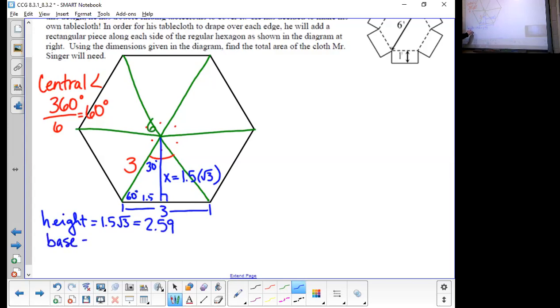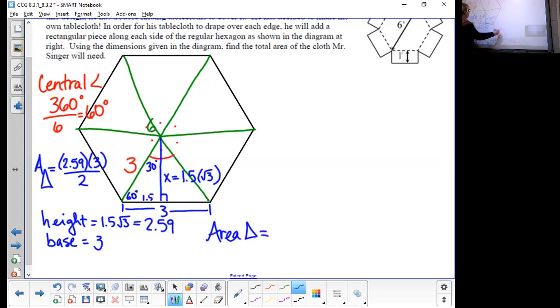The base of my triangle is 3. So the area of my triangle is going to be the base times the height divided by 2. So 2.59 times 3 is 3.885.